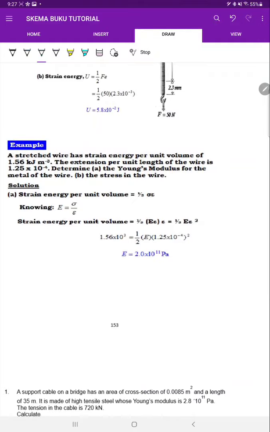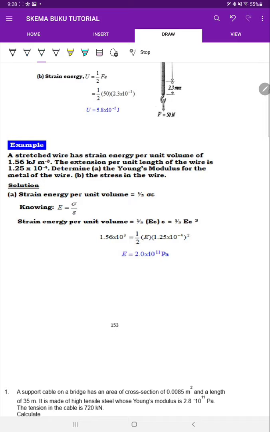So next example. Okay, a stretch wire has strain energy per unit volume of 1.56 kilojoule per m cube.